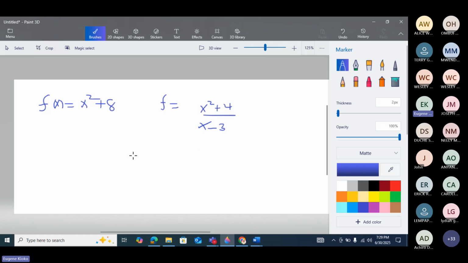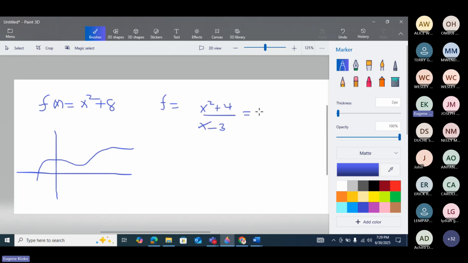you will realize, if you can remember, when you decide to plot this function, there is no place where it will ever break. Because if you put 1, you get 9, put 0, you get 8, put a half, put whatever, you get an answer. But for this one, if you put other values, they will work, except if you put 3.